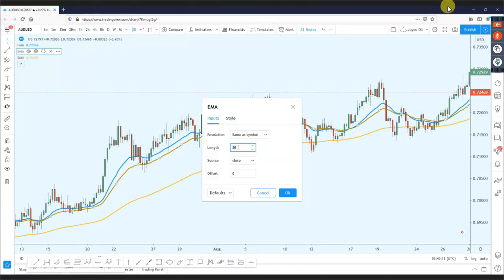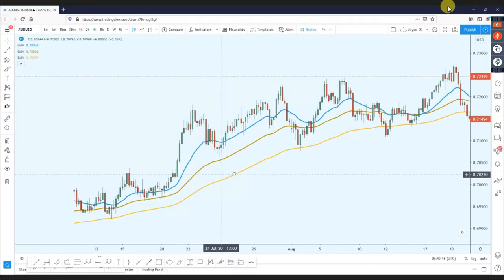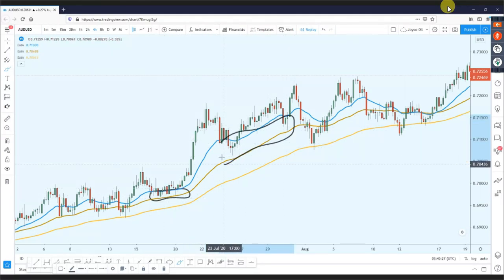So settings, I'll just put it back. Okay, there we go. So all this will act as a support area for our price. So the moment it comes back down here, you can actually just take your profits right at the bottom.